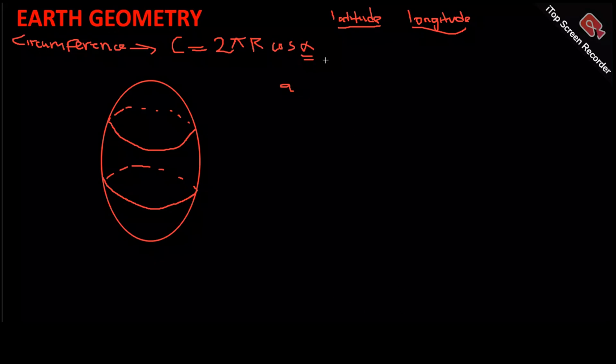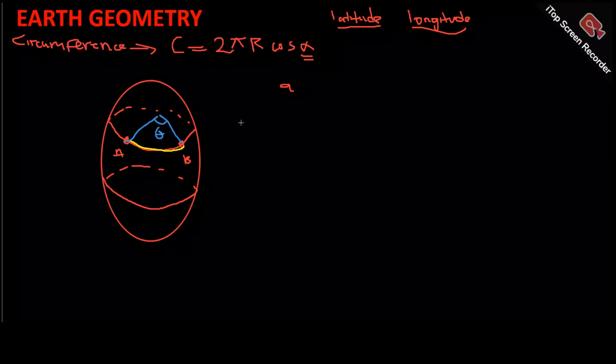Now let's talk about the distance between 2 points over the latitudes. Suppose we are told to find the distance from here to there. Let's say this is A, this is B. There's going to be an angle here that is theta.